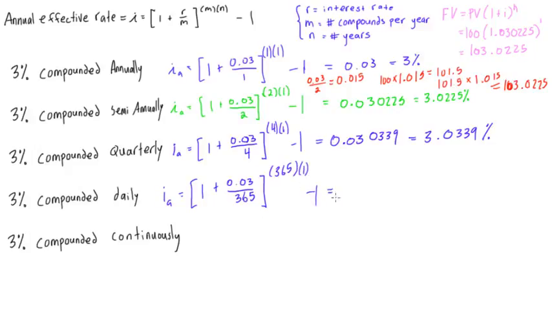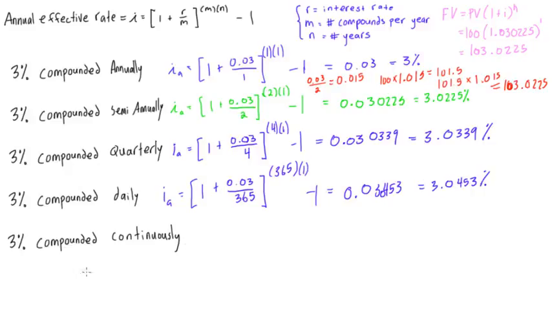Now, if you solve this in your calculator, we're going to find that our annual effective rate is actually going to be 0.030453, 3.0453%. So if a banker ever tells you that you can get an investment that's compounded daily, obviously it's better than compounded annually. We're up by 0.4%, but it's not the hugest deal in the world.